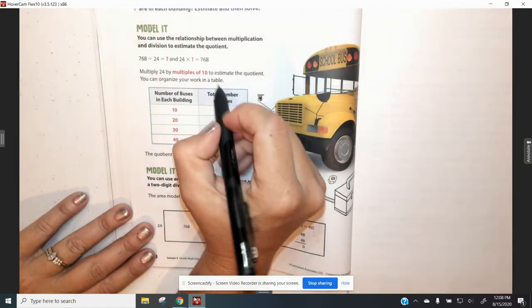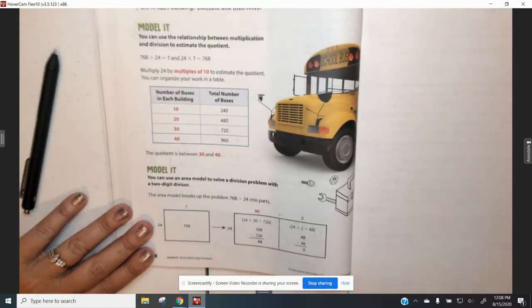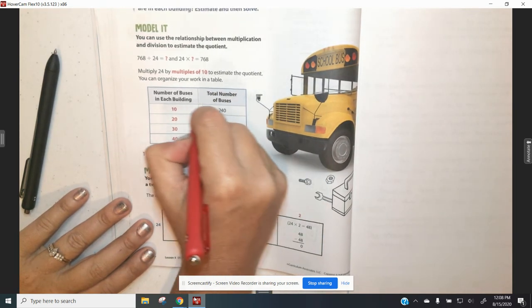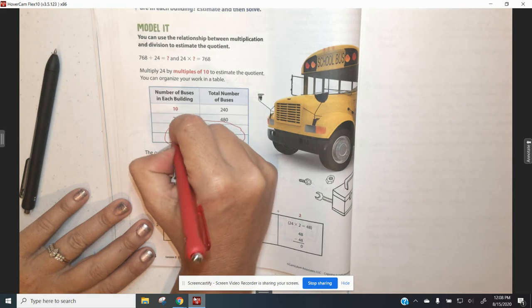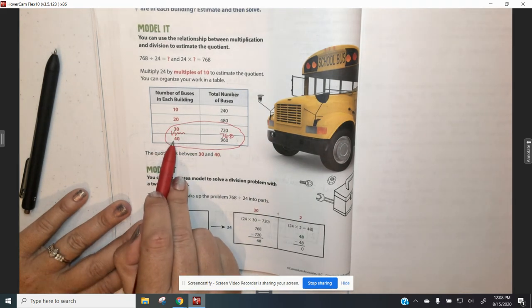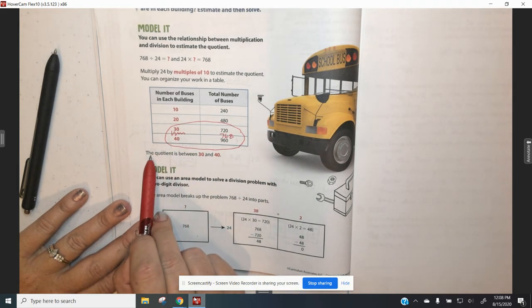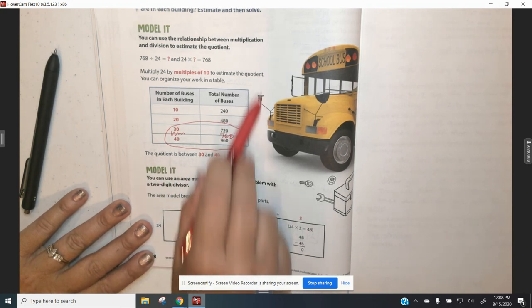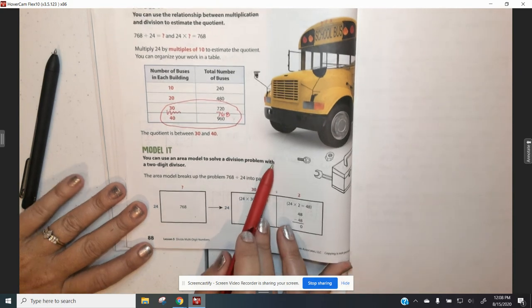So we know that 768 is somewhere in here. So it's somewhere between 30 and 40. So we know that the answer, or the quotient, is going to be between 30 and 40. That's using the estimation model.